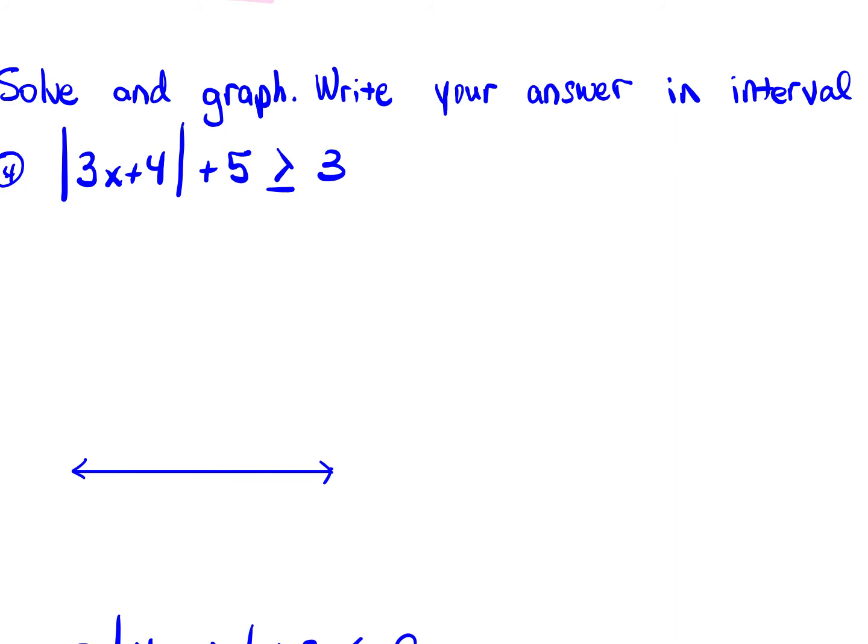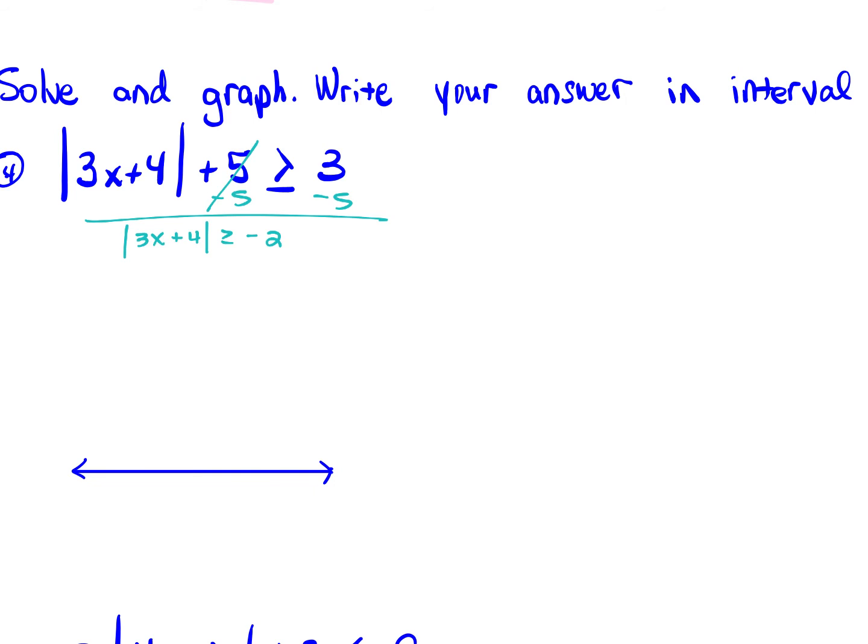First thing we've got to do is isolate the absolute value. So that 5 has to be moved over. How are we going to move that 5 over? Subtract it from each side. So this gives us the absolute value of 3x plus 4 is greater than or equal to negative 2.